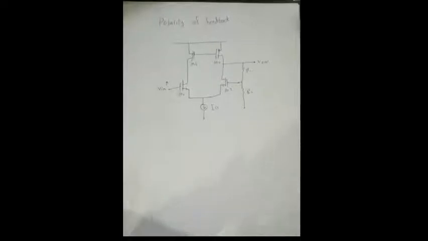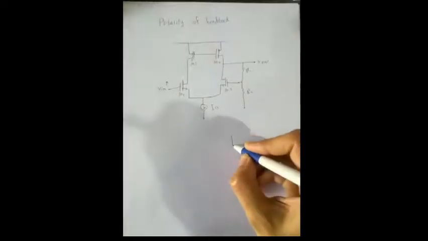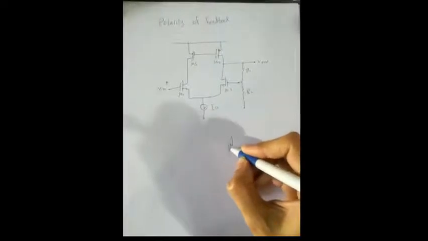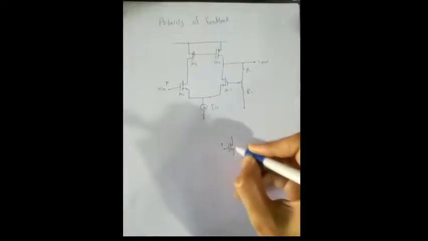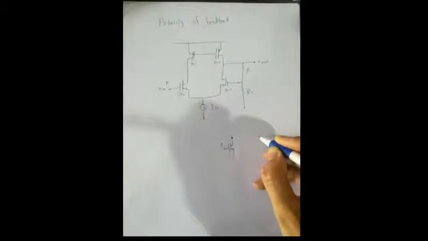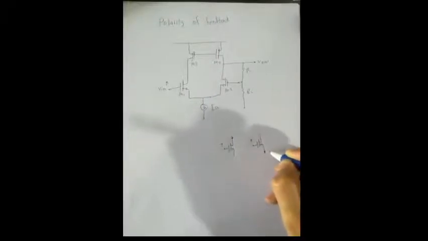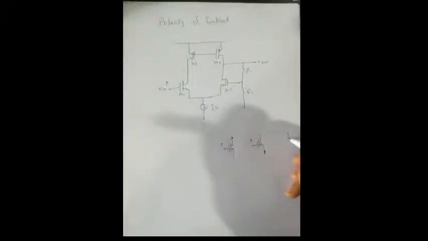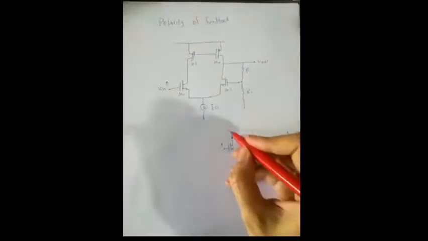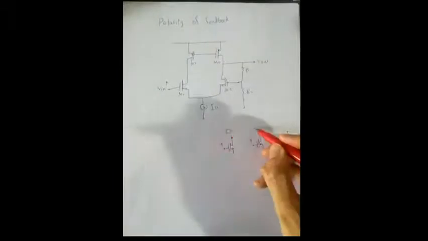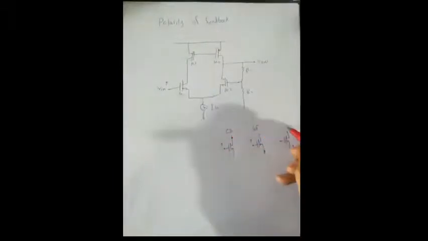Now I want you to remember what happens to the output if you have a common source here and you change the input. And if we apply the input here and take the output from the source, what's going to happen? And if we apply the input at the source, what's going to happen at the drain? This is a common source, as you know. This is a source follower and this is a common gate.